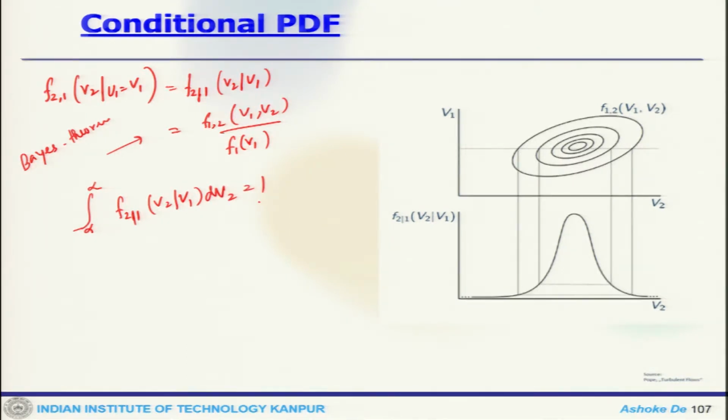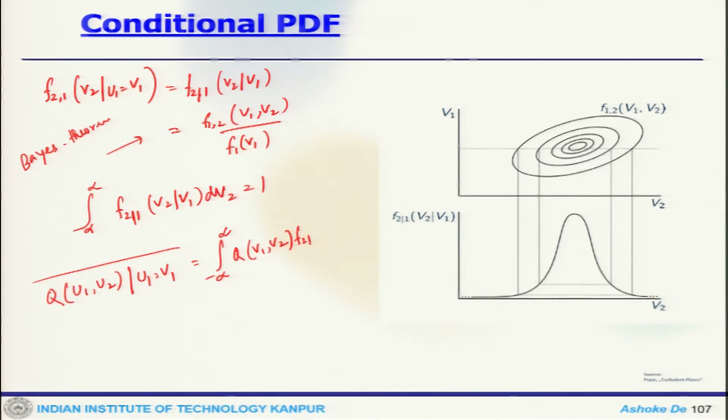Now, the conditional mean of the function Q(u1, u2) conditioned on u1 equals V1 is the integral from minus infinity to plus infinity of Q(V1, V2) f21(V2|V1) dV2.